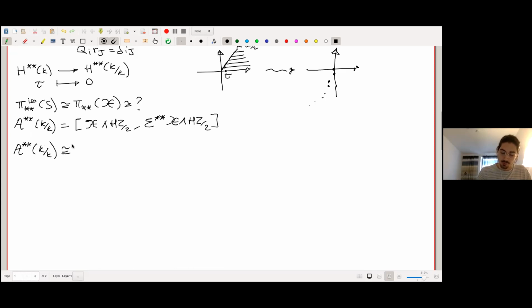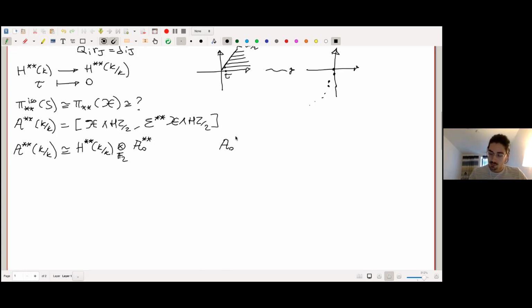This is isomorphic, as a module over the isotropic motivic homology of the point, to this tensor product over F2 with another algebra, A0.